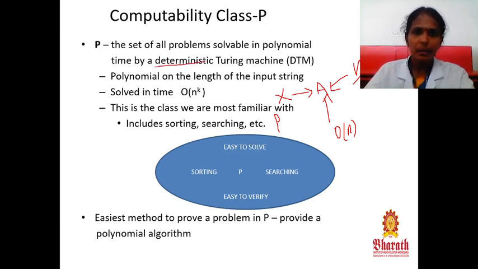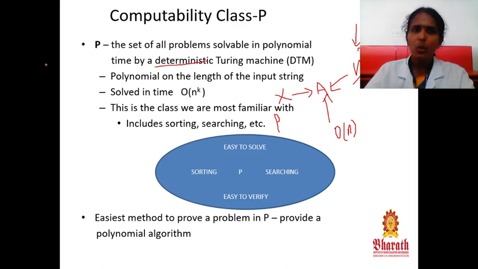What do you mean by deterministic? Whatever the input, however many times you execute, if you give 2 as an input the output will be the same. Same output for same input means it is a deterministic algorithm.